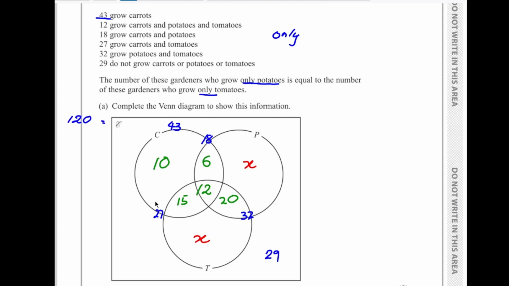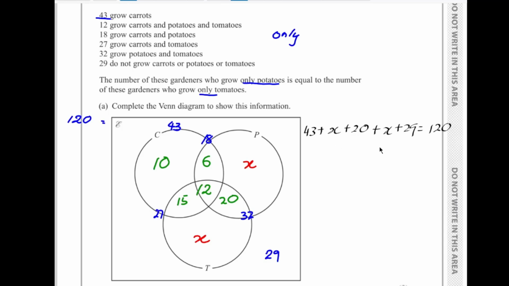Instead of writing one by one individually here, I'm straight away getting 43, then 43 plus 43 plus, after that I'm getting here x plus 20, again x plus 29 equals 120.